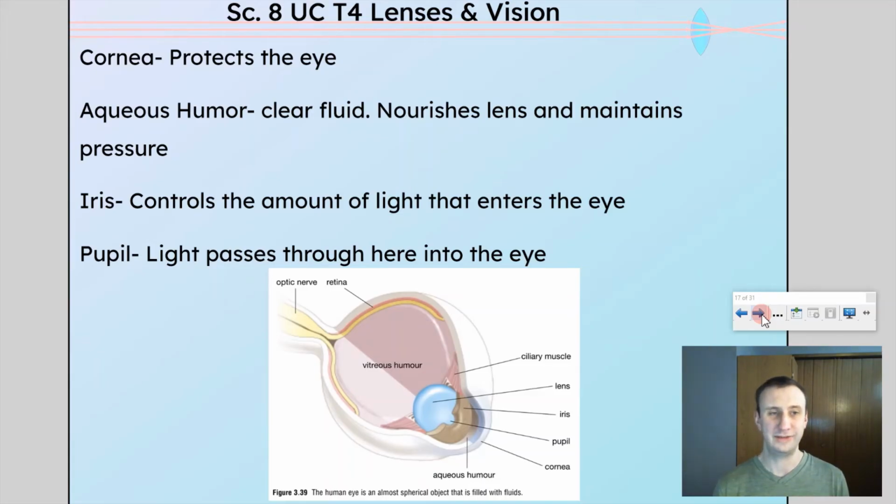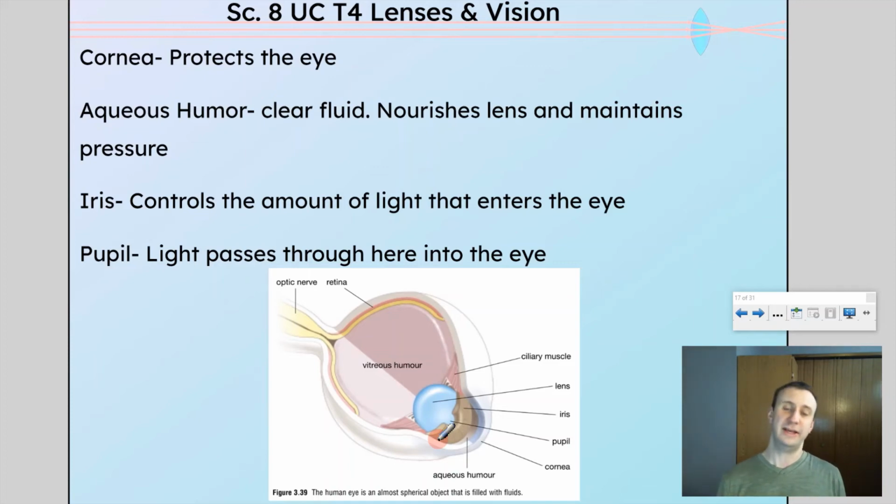It's right after the cornea, and it nourishes the cornea as well. You've got some fluid that's built up there that is good nutrient-rich fluid, and again, keeps pressure to keep the shape of the eye.